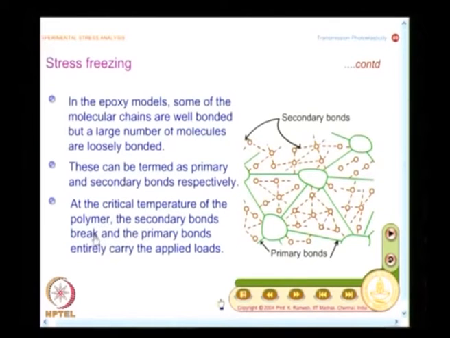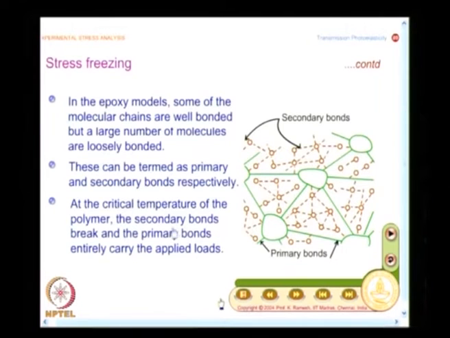You do not even have to go up to 120 degrees centigrade, you can also operate at 90 degrees. There are requirements for certain problems, people also operate at slightly lower temperature than this. But what happens at the critical temperature, though it is not visually seen, the secondary bonds break at the critical temperature and the primary bonds entirely carry the applied loads.